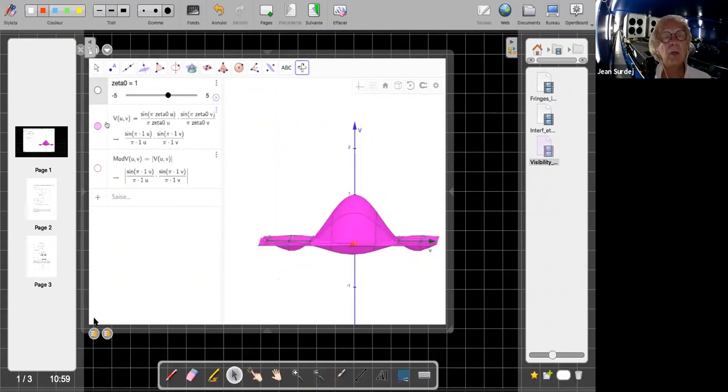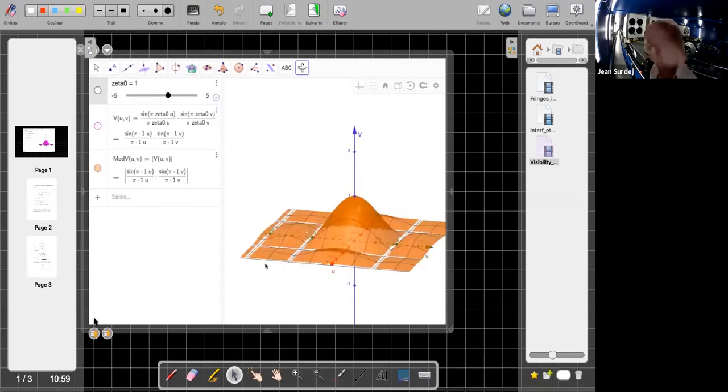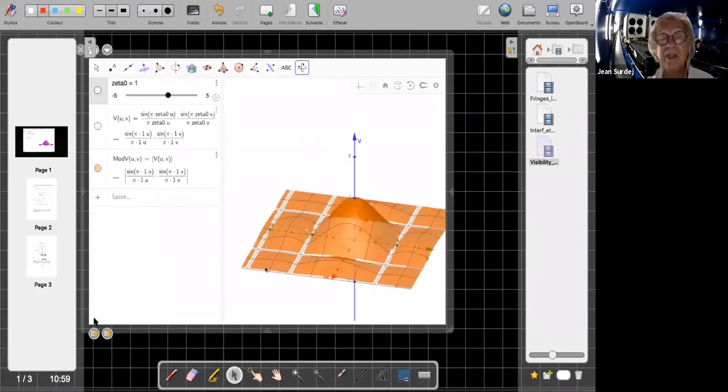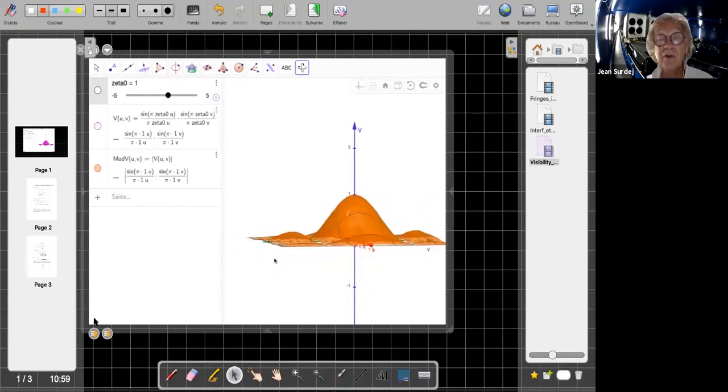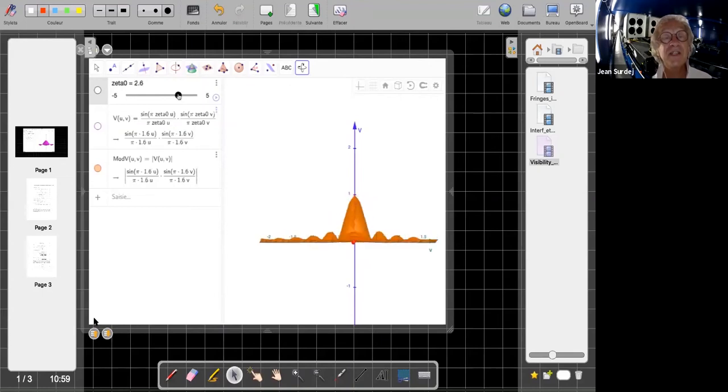And now we should just pass to the module. And for the module, of course, you only see positivity. We see that the module gets to 0 whenever u or v is equal to -1. You can see it on the display. Now I just change the value of zeta 0.